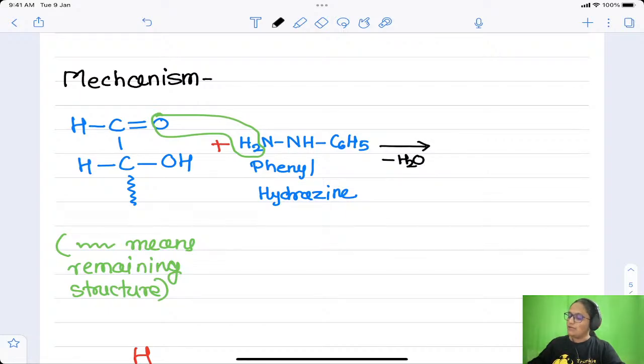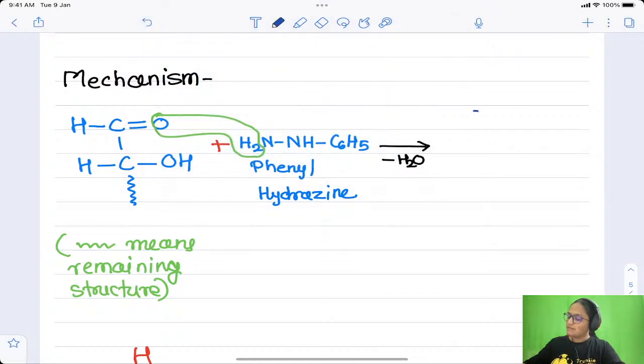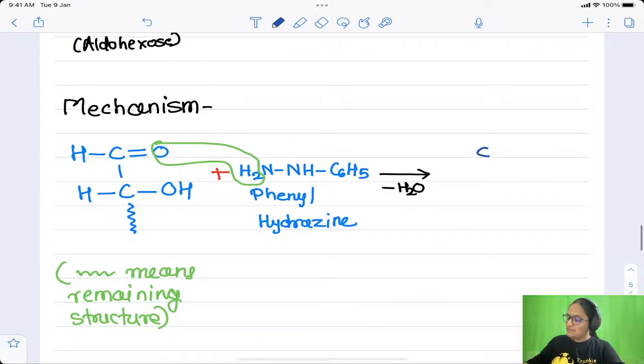Okay, after loss of water molecule, what are we getting? So it will be C double bond N, H remains as it is, so it will be N NH C6H5. So this kind of addition product will be obtained, with the rest of the structure as it is.